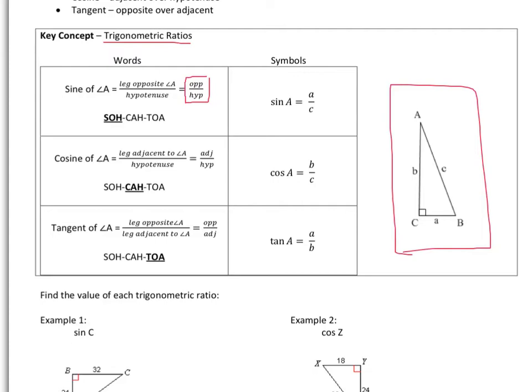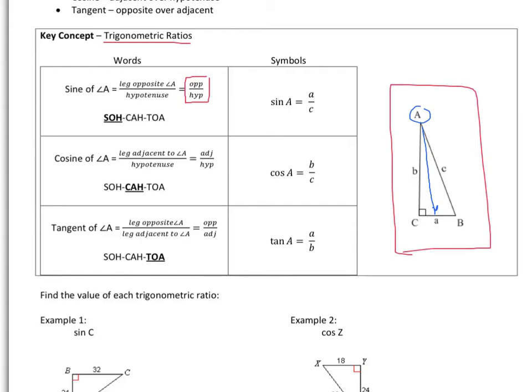So if we're choosing to look from angle A, then the side opposite it would be lowercase a. Hypotenuse, well, the hypotenuse of a right triangle is always the longest side, and it's always across from the right angle.